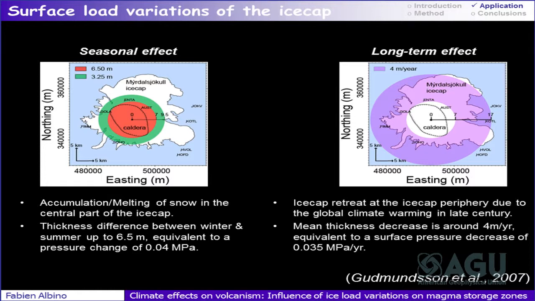So you can have a difference of 6 meters of ice in the center of the ice cap. And you have also a long-term effect more at the periphery of the ice cap, with a global decrease of thickness of about 4 meters per year.